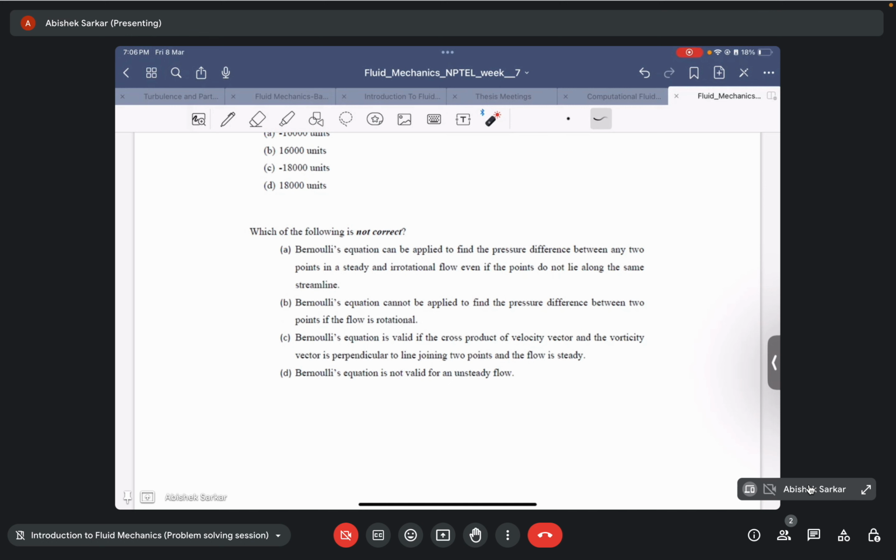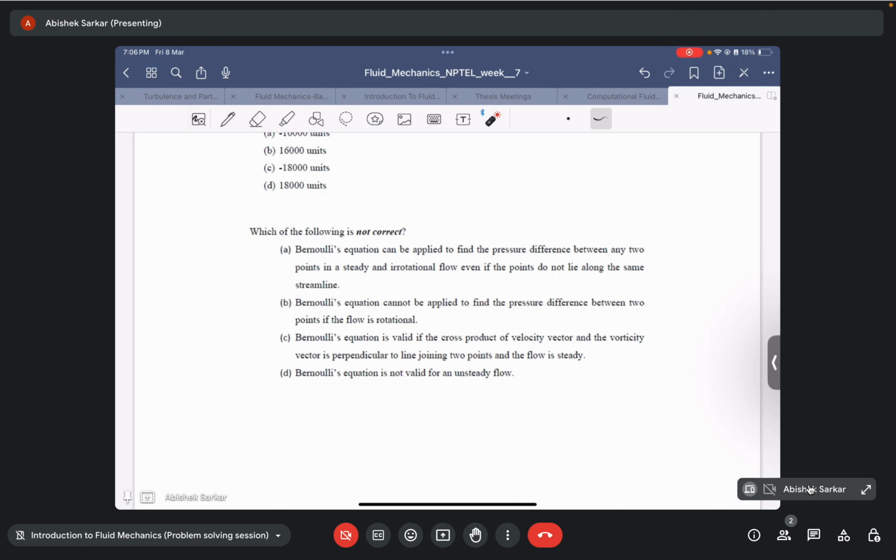Then statement C says Bernoulli's equation is valid if the cross product of velocity vector and the vorticity vector is perpendicular to the line joining the 2 points and the flow is steady. Again, this statement is correct, because there was one expression or condition where V cross omega dot dl. So if this term is 0, then again Bernoulli's equation simplifies to the classical form that we discussed.